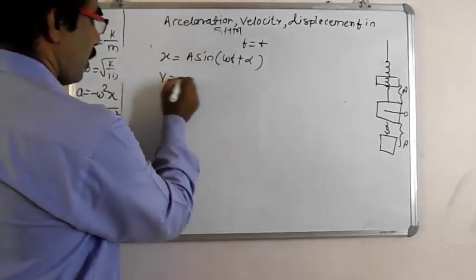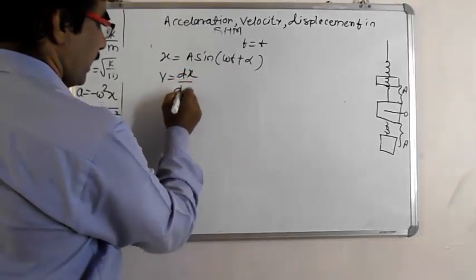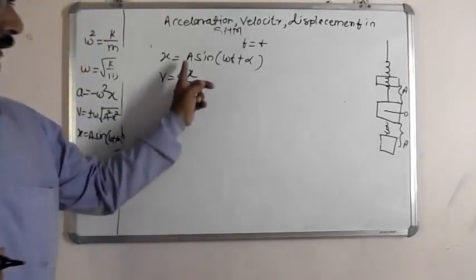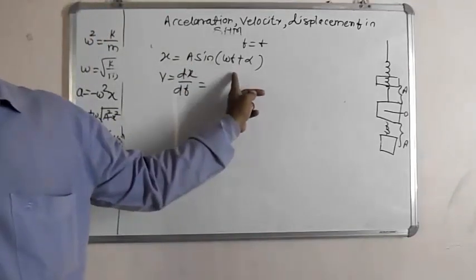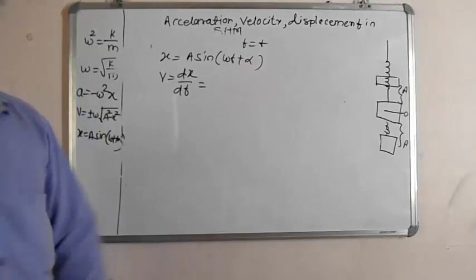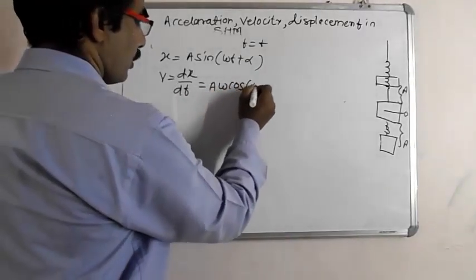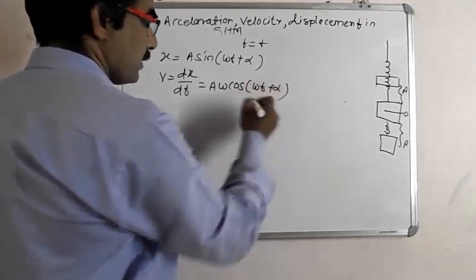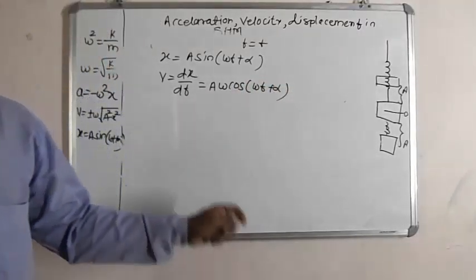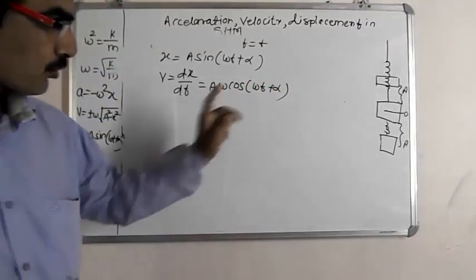The equation for velocity is v equal to dx by dt. Taking the derivative of this equation with respect to time, we get a into omega into cos of omega t plus alpha. This is the equation for velocity.